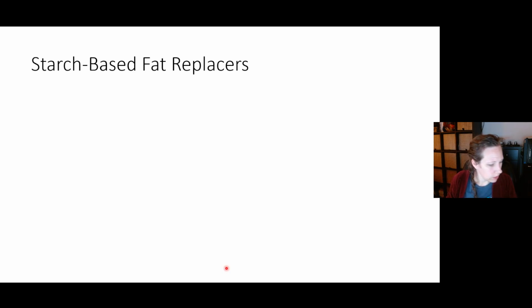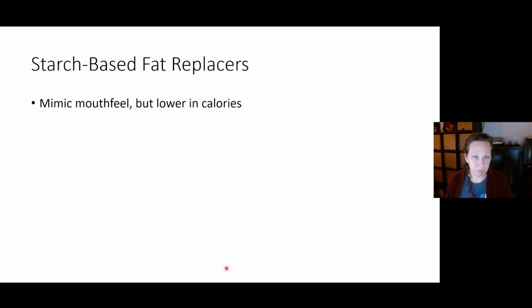Starch-based fat replacers is one option. So starch can be milled very finely, and so in that case it can mimic the mouthfeel, because that fine texture can mimic a greasy mouthfeel, but of course it's lower in calories. Carbohydrates have fewer calories than fat.